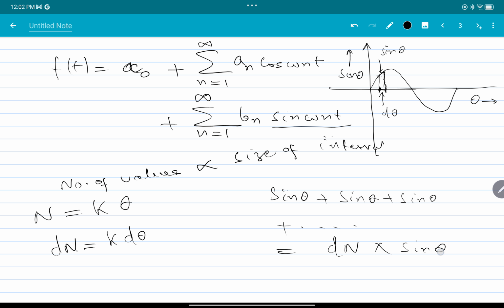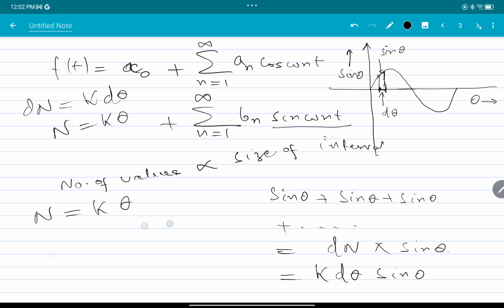If 2, 2 sine theta. If 3, 3 sine theta. If dn values, dn sine theta, but dn can also be written as k d theta sine theta. I will keep it written here: dn is equal to k d theta, or n is equal to k theta.